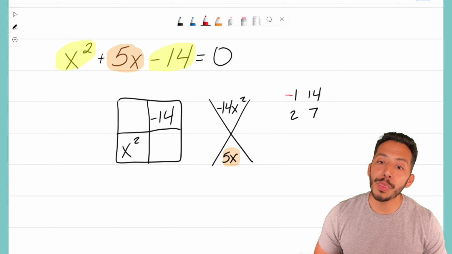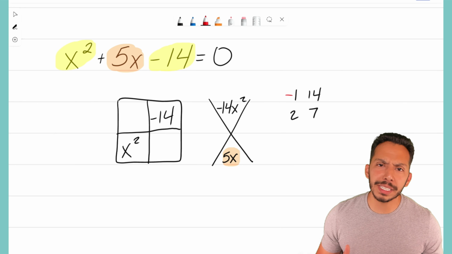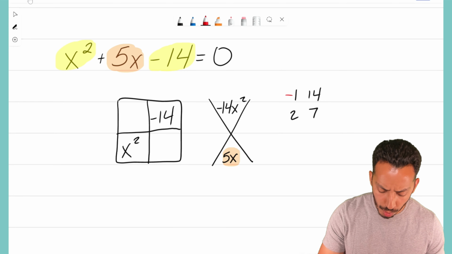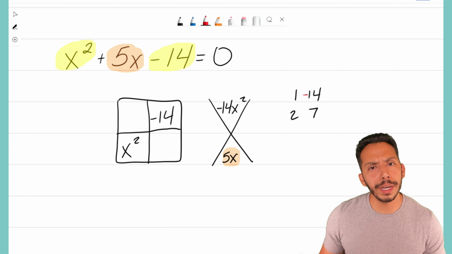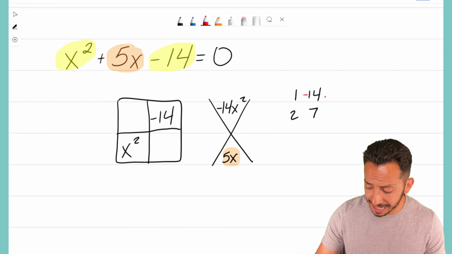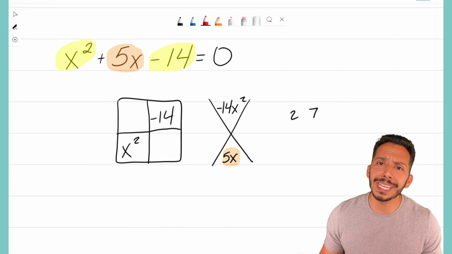Well, if I make the 1 negative, negative 1 and 14 won't add to 5x, so that's not going to work. What if I try 1 and negative 14? That gets me to negative 13 when I combine them, so that's not going to work either. We can eliminate that.